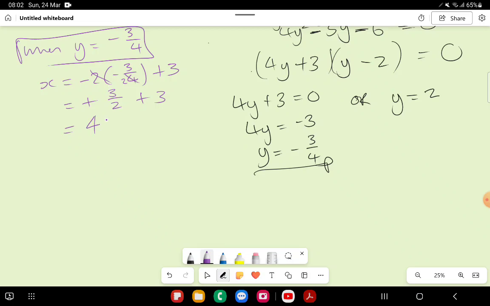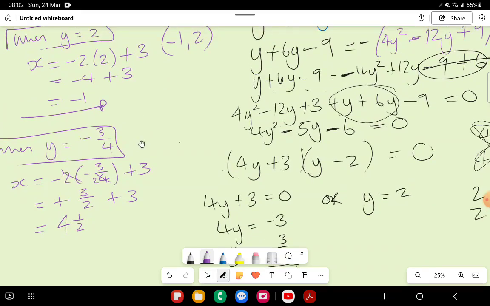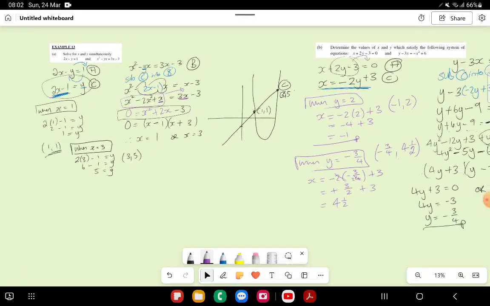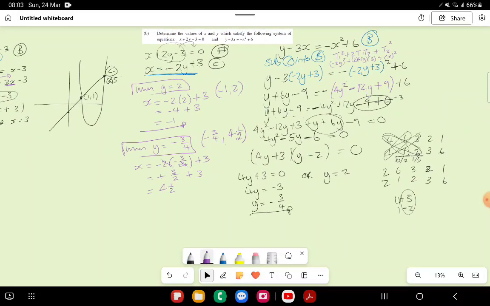So it's 4.5. So my second coordinates are going to be negative 3 over 4, positive 4.5. Okay, so that's how you do example 13, simultaneous equations.